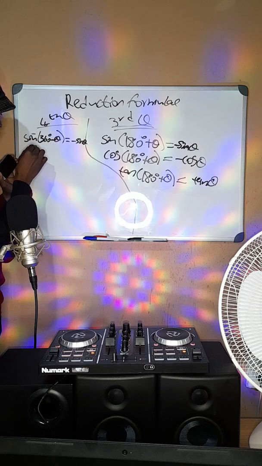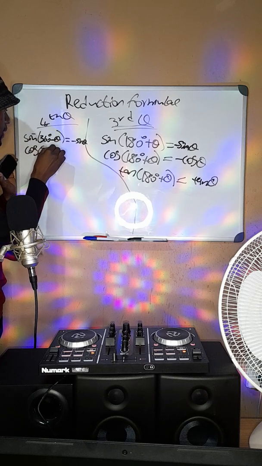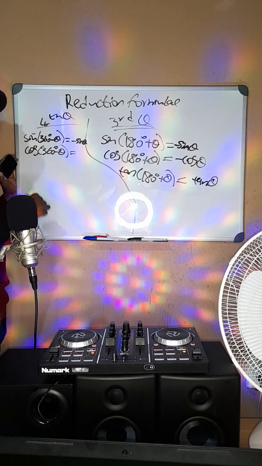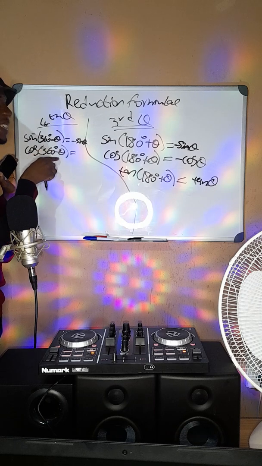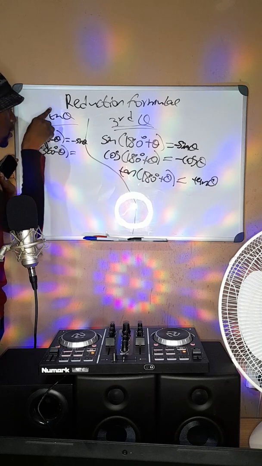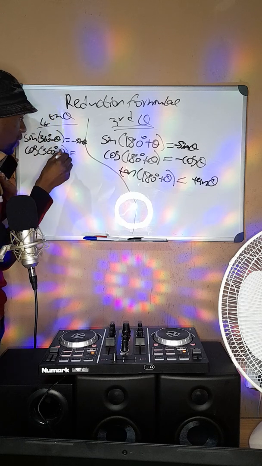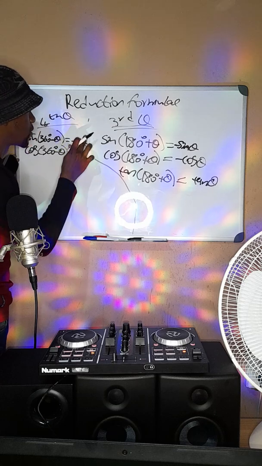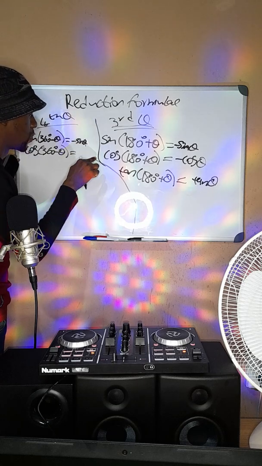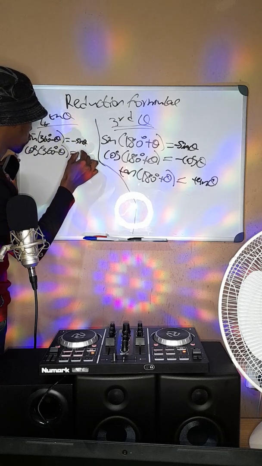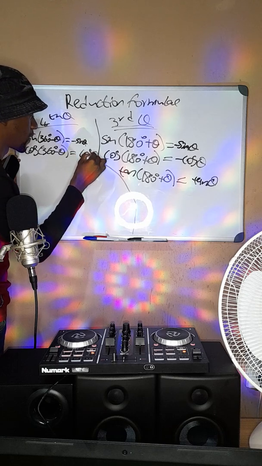Then there we are going to have the cosine of 360 degrees minus theta there. 360 degrees minus theta, which quadrant is that one? It is the fourth quadrant. In the fourth quadrant, is cosine positive or negative? We remember very well that it is positive. Then this reduces to positive cos theta.